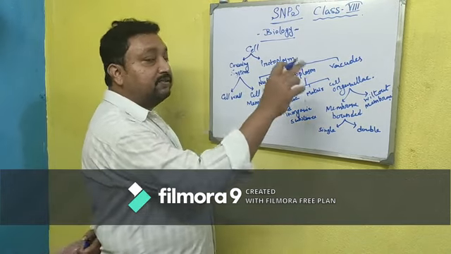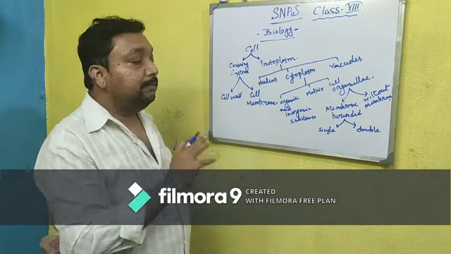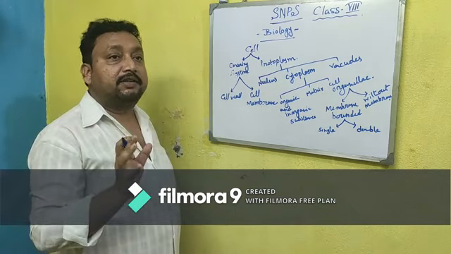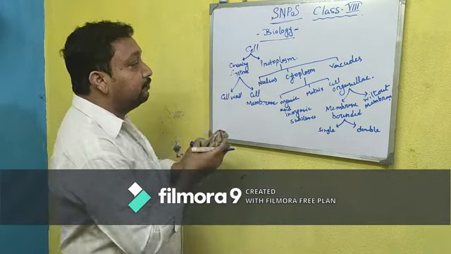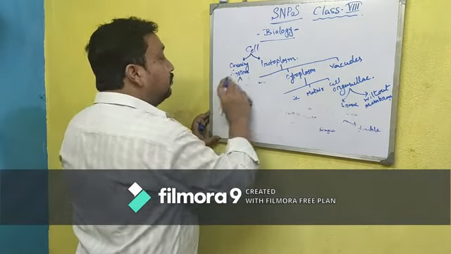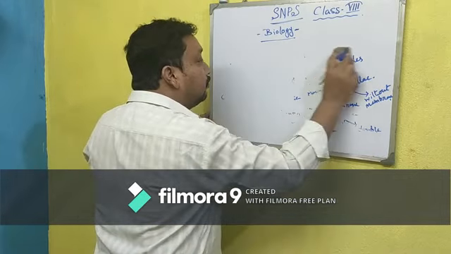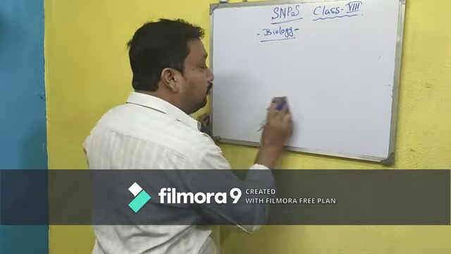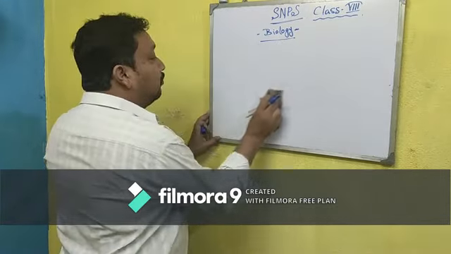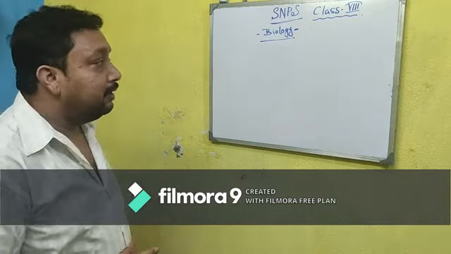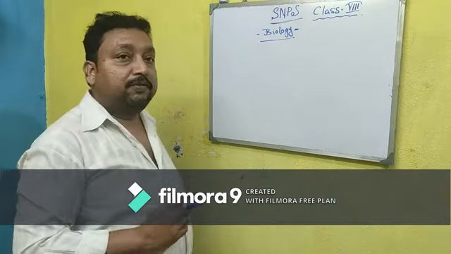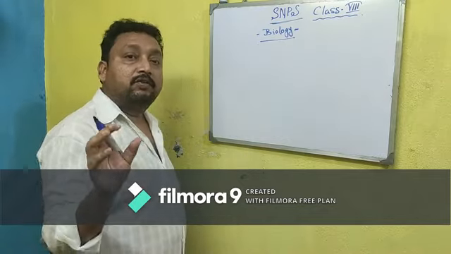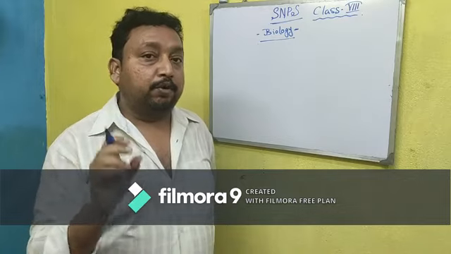Please note it down before I erase it, because I will show you the diagram of the general structure of a typical cell. I have said that the basic structure of a cell is mainly composed of two parts, covering system and protoplasm.